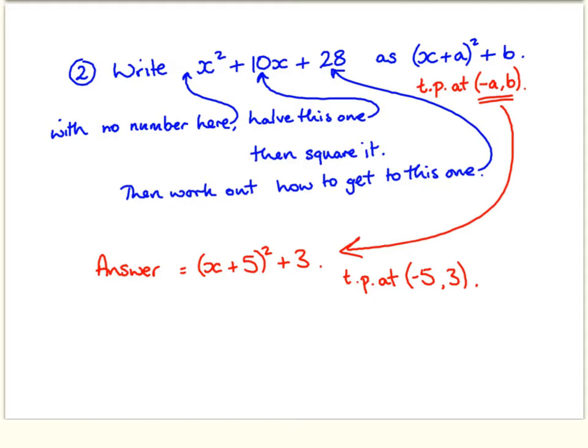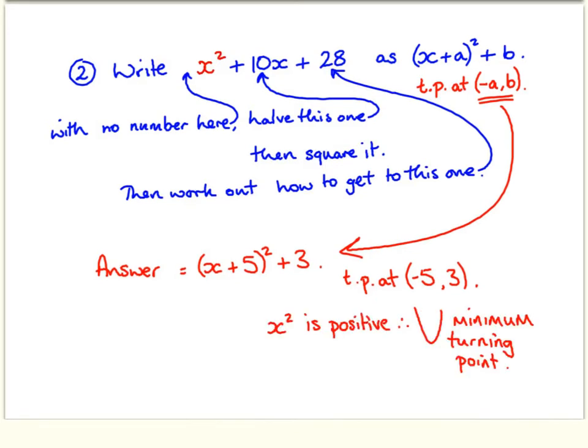Now, how do you know if it's maximum or minimum? When x squared is positive, i.e. if you've not got anything here. Now if you obviously had a minus, not very good minus, is it? Anyway, you know what I mean. If you had minus x squared here, that would give you that shape, and that would be a maximum turning point.